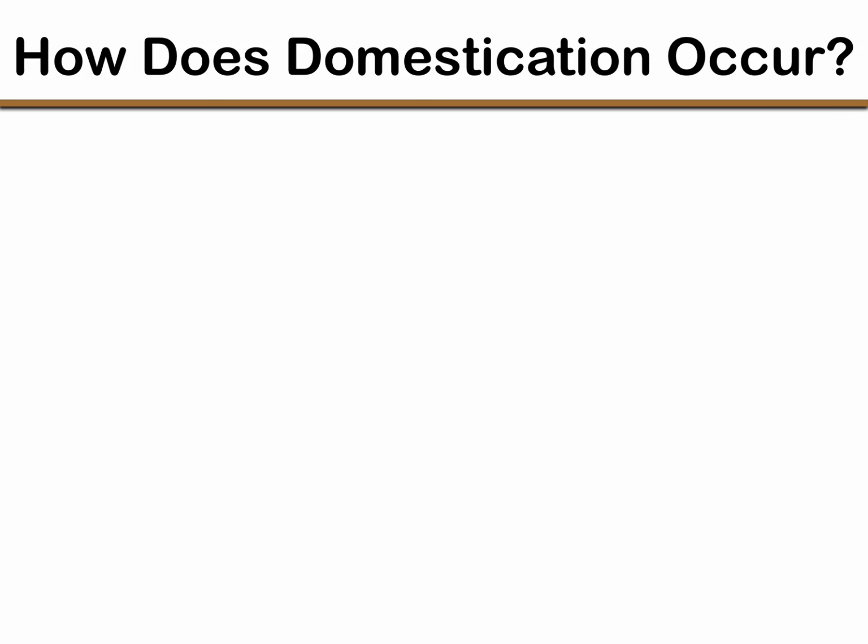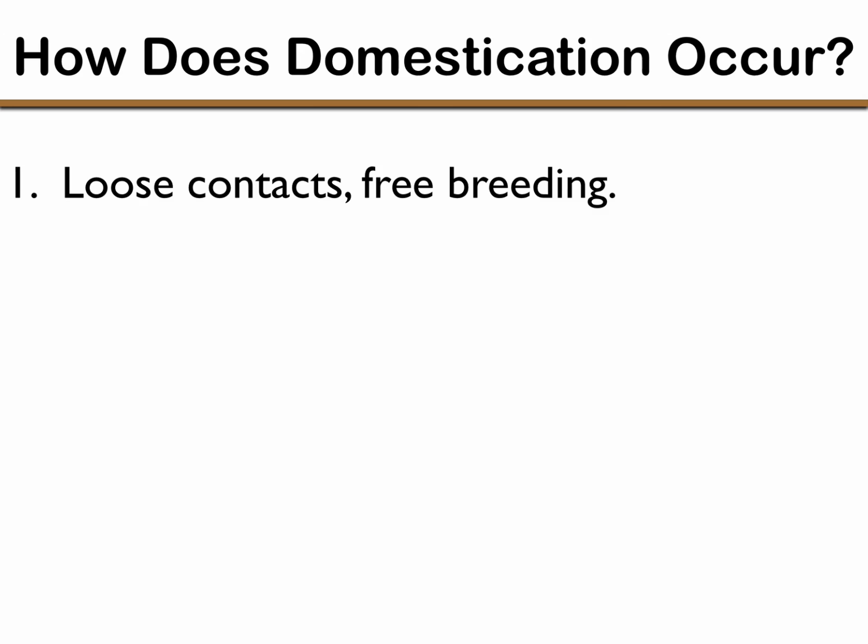So how domestication occurs goes through several steps. First, there has to be some kind of loose contact between humans and freely breeding non-human organisms. If you never come in contact with one another, then you're never going to get to the next level. So they have to be around and tolerate your presence in the natural environment. They're breeding freely among themselves.